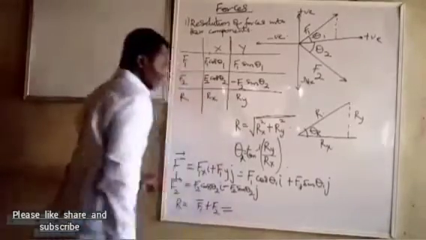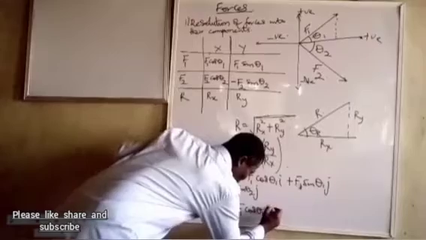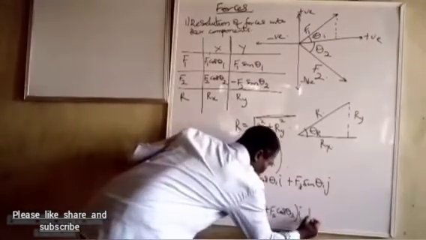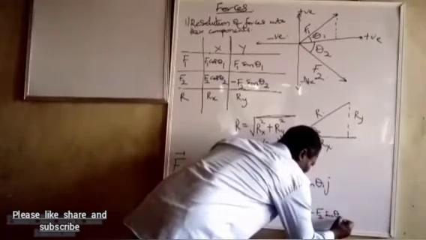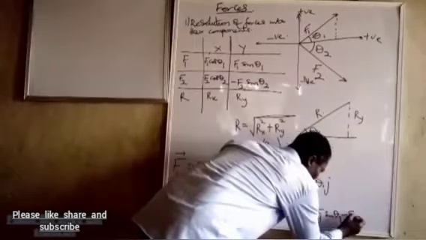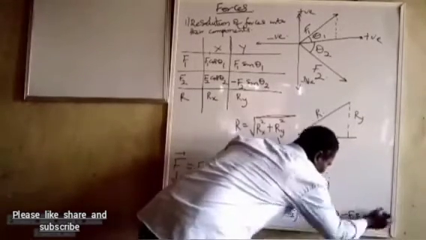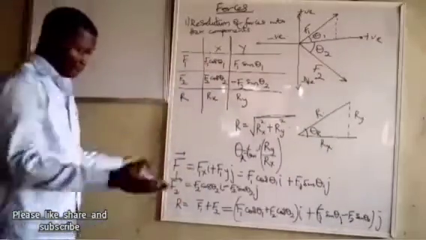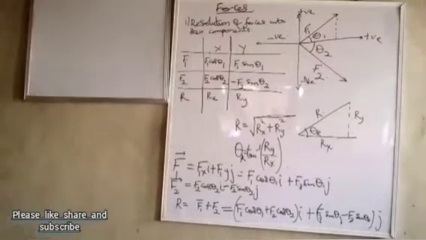And by the time you add it, you realize that it will be F1 cos theta 1 plus F2 cos theta 2 i plus F1 sin theta 1 minus F2 sin theta 2 j. So you can see this will be the horizontal component, this will be the vertical component, and from there you get the magnitude and direction. That's how we treat the addition of two forces.